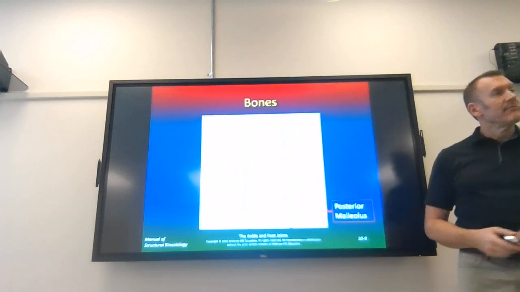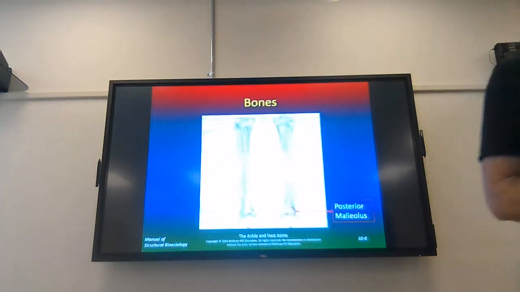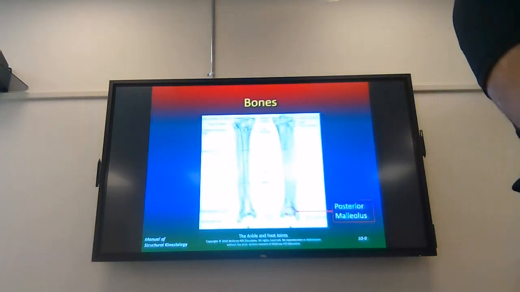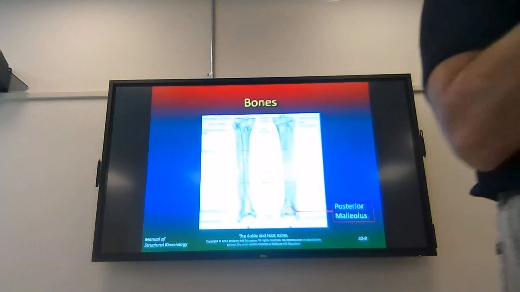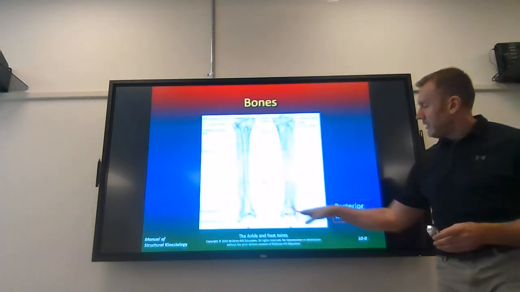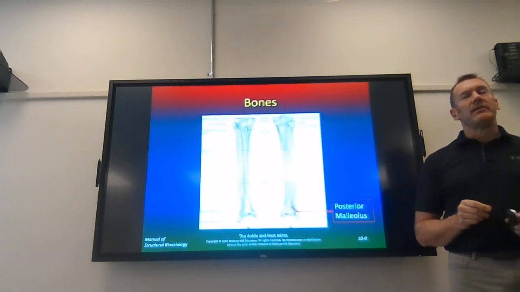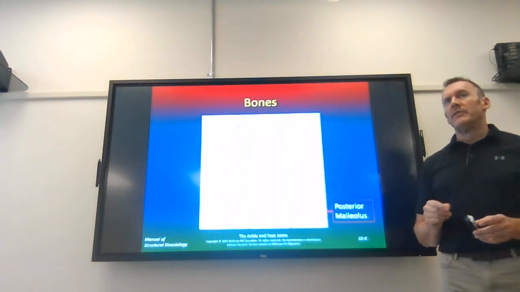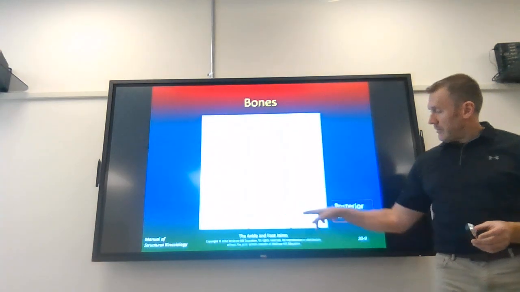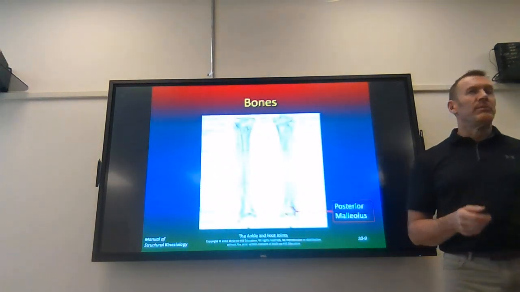Is it not palpable? I don't think so, because you'd have to go through the Achilles, and you'd have a lot of tissue there before you'd get down to that. But of course, you can easily feel these two on the medial and lateral side.